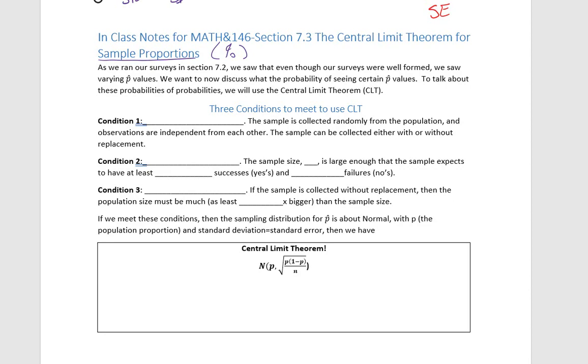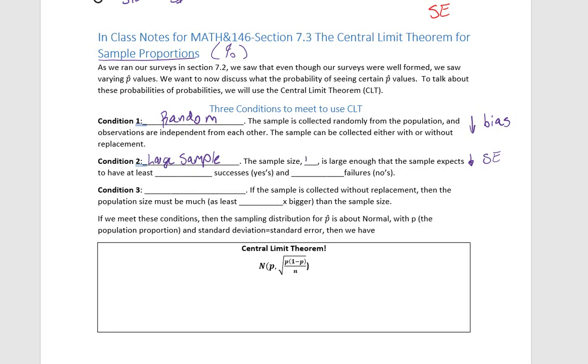So the first thing is we want to reduce bias, and to do that we have to make sure that our surveys are conducted randomly. This is going to reduce bias. The second thing is that we need to make sure that we have a large sample. That's going to reduce our standard error.